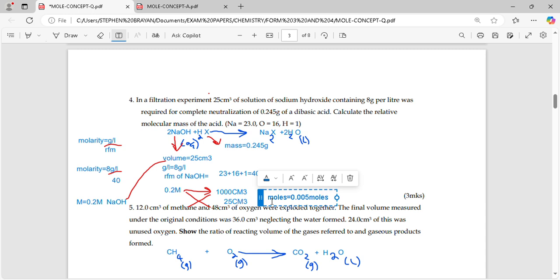Remember, these are moles of sodium hydroxide. Very important.